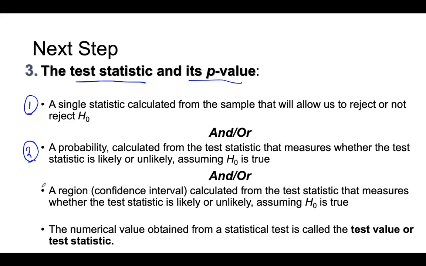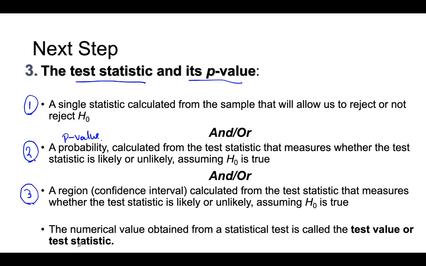That's the p-value. And the third way is a region or confidence interval calculated from the test statistic that measures whether this test statistic is likely or unlikely, assuming the null hypothesis is true.